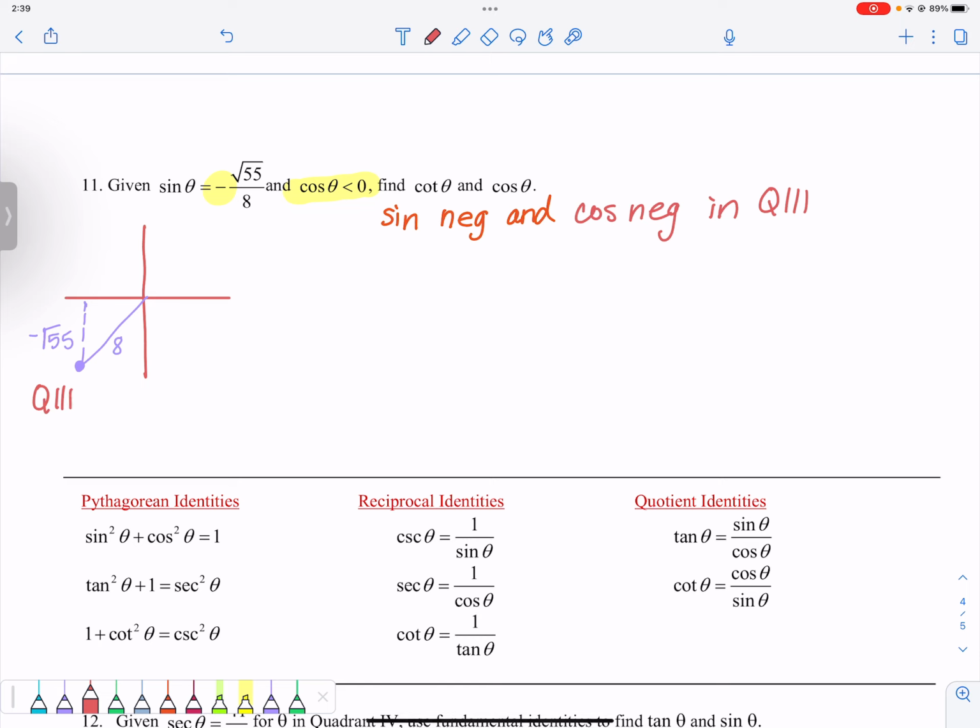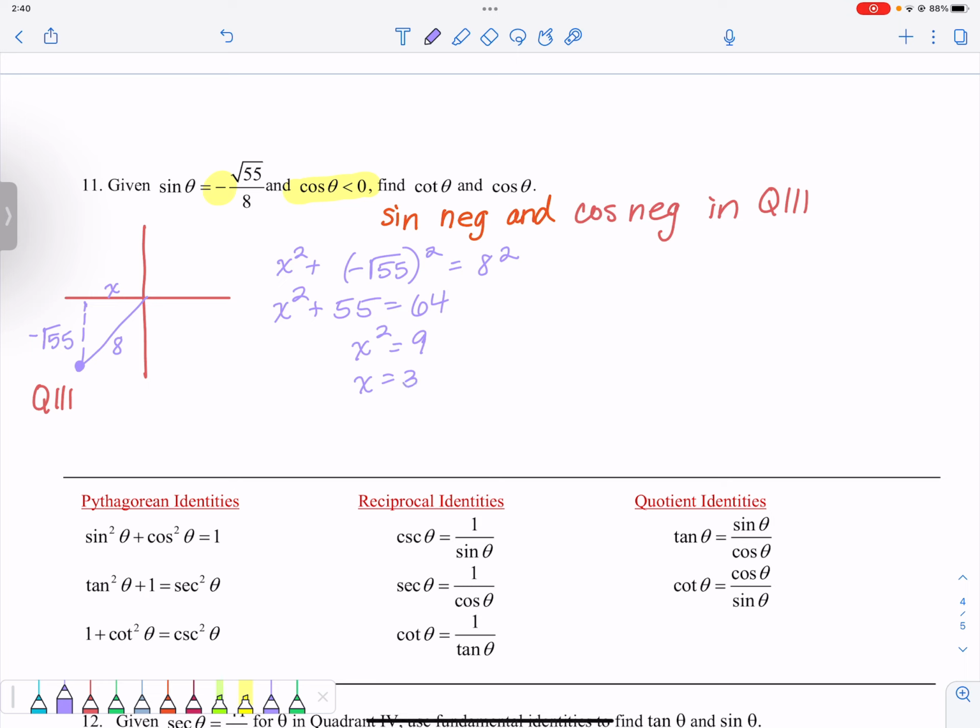Okay, so now we can put our x value here, and we can use our Pythagorean identity. We have x squared plus the opposite of root 55 squared is equal to 8 squared. So x squared plus 55 is 64. We get x squared is 9, and of course x is equal to 3.